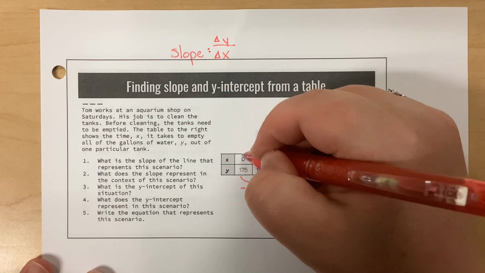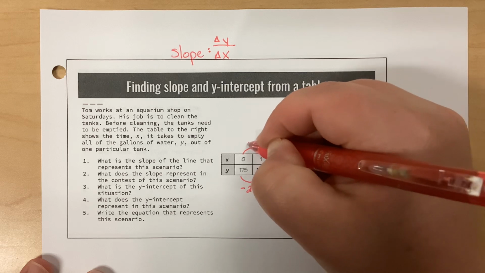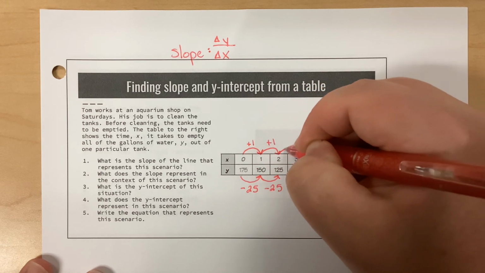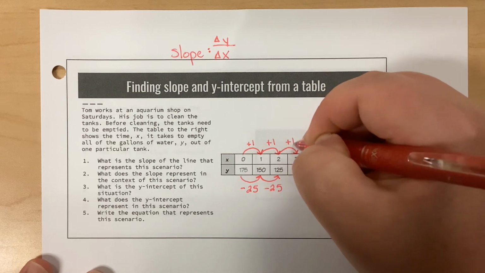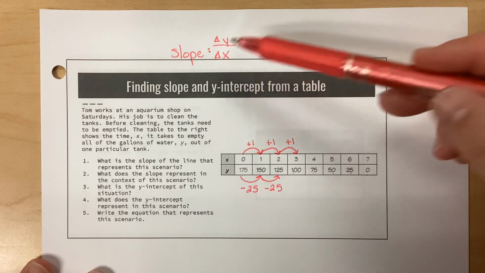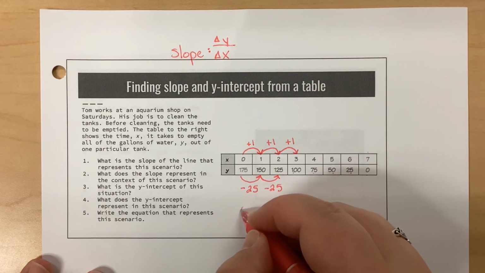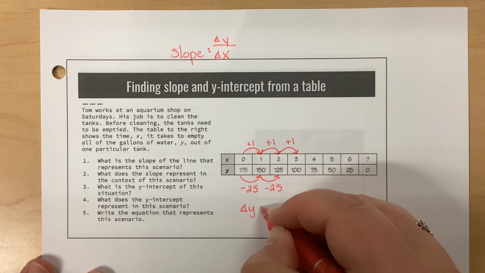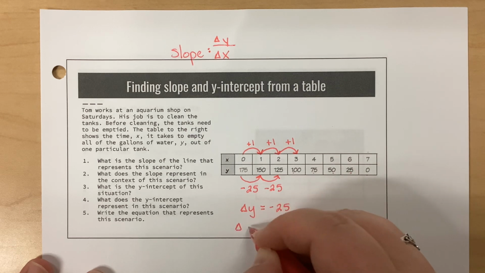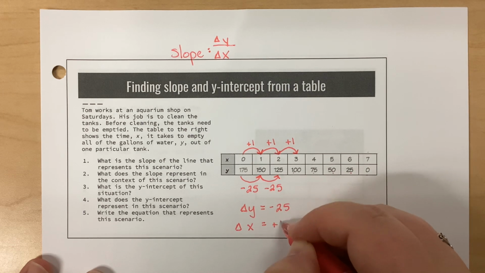Now let's focus on the X's. The X's increase by 1 each time we move to the next data point. Okay, and it does that all the way up the table. So if my slope is always change in Y over change in X, I know that my change in Y in this case is minus 25, and my change in X is a positive 1.